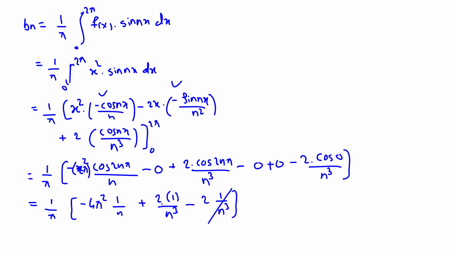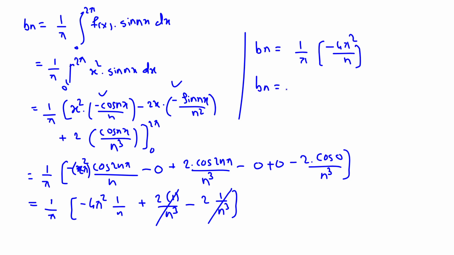So you can see here this term and this term is same, so get cancelled. Okay, so the value of bn is equal to 1 over pi in bracket minus 4 pi square over n, right? So bn is equal to, if I cancel pi, so we'll get minus 4 by n. Solve till this step, you will get 4 marks.